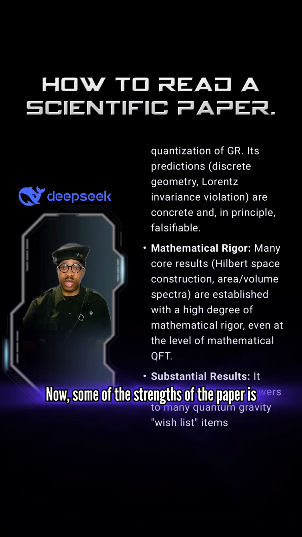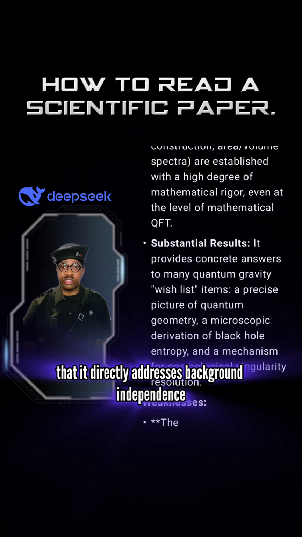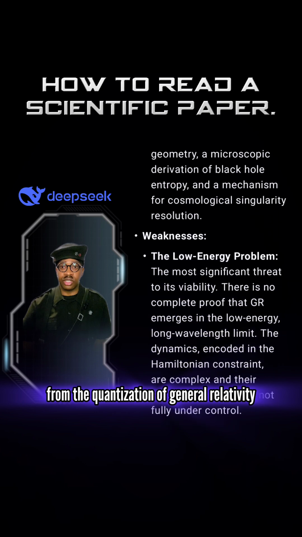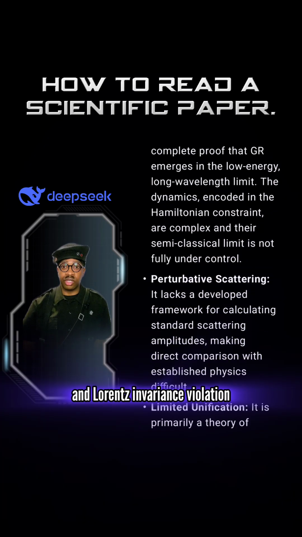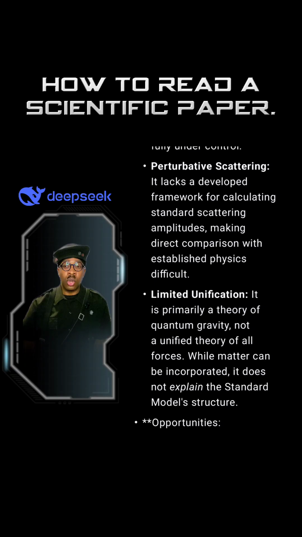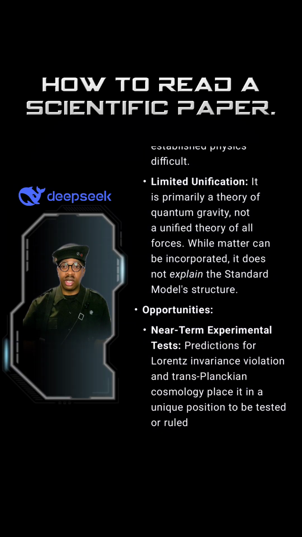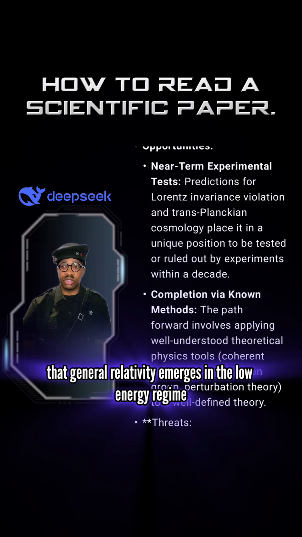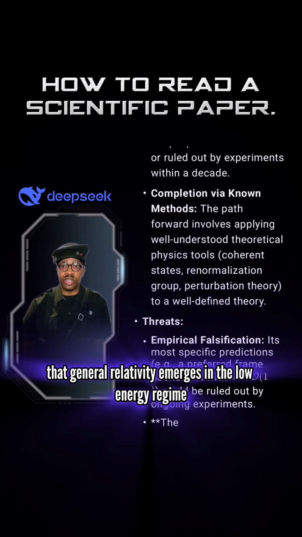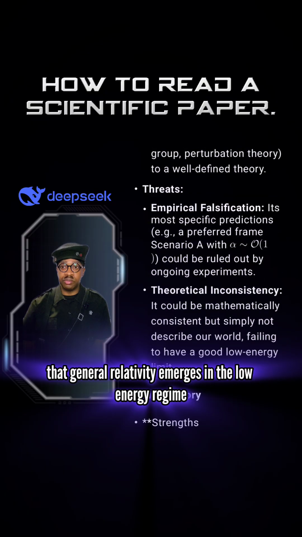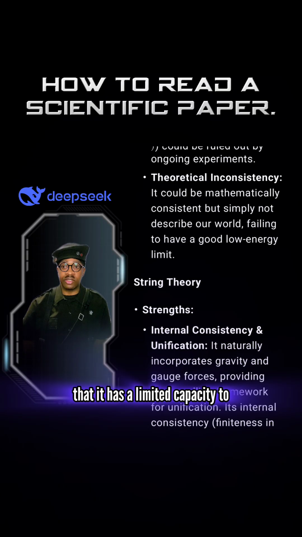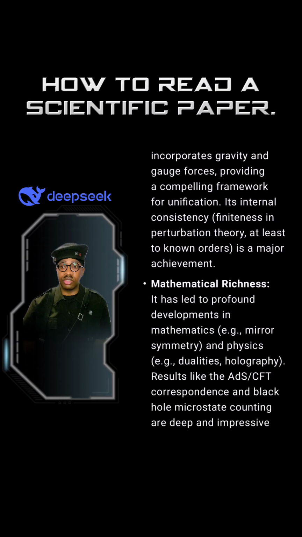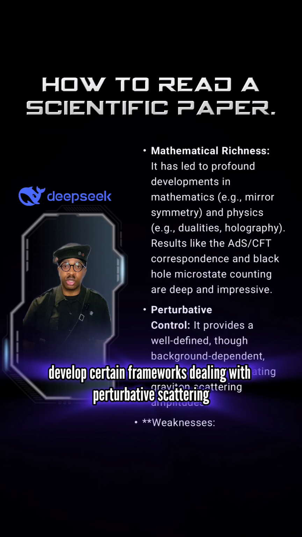Some of the strengths of the paper is that it directly addresses background independence from the quantization of general relativity and Lorentz invariance violation and things like that. One of the weaknesses is there is no complete proof that general relativity emerges in the low energy regime. Another weakness is that it has a limited capacity to develop certain frameworks dealing with perturbative scattering.